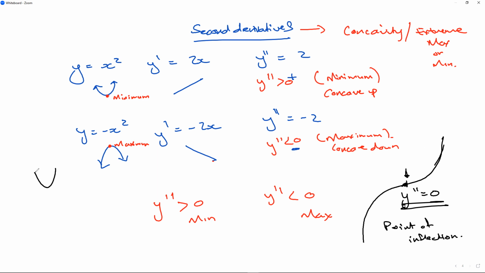So it's almost like bringing these two graphs together, but then removing that part. So the minimum and maximum sort of doesn't happen, almost happens, and then goes the other way. All right. Let's look at a scenario where we have a point of inflection.